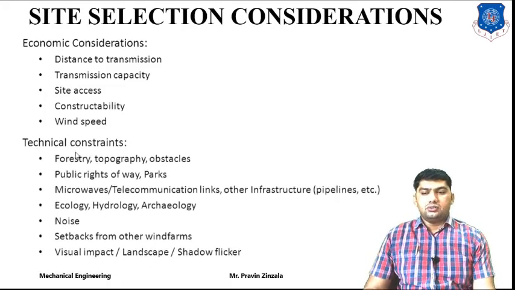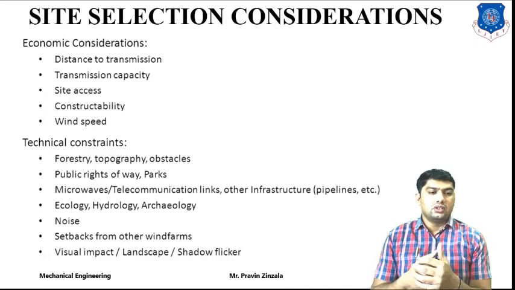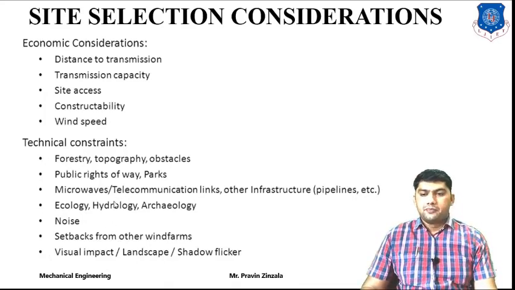The second part is technical constraints. We can consider forestry, topography of the land, obstacles, public rights of way or parks. We cannot install a wind turbine in a city area because it affects the public, and it also affects human and bird life.